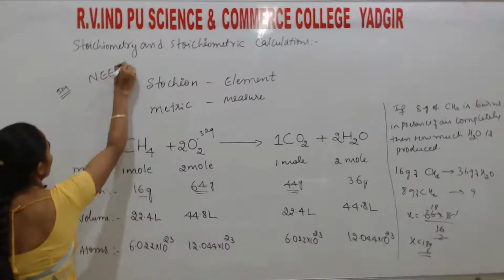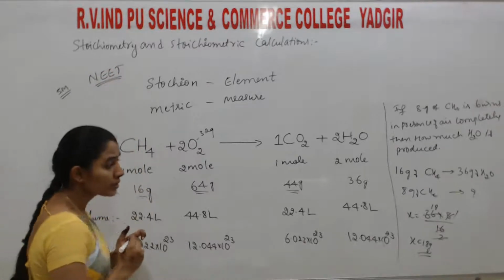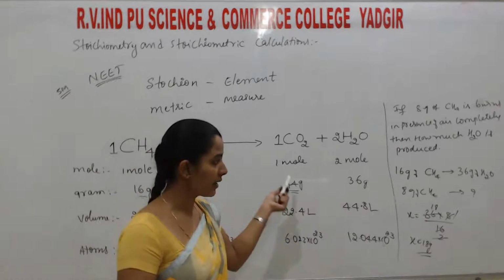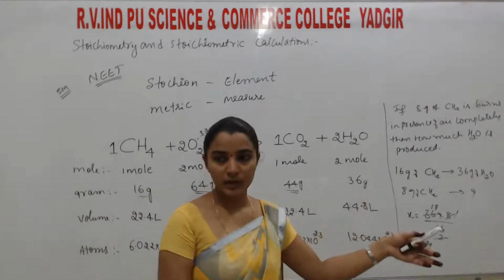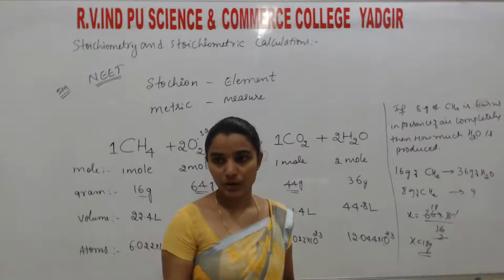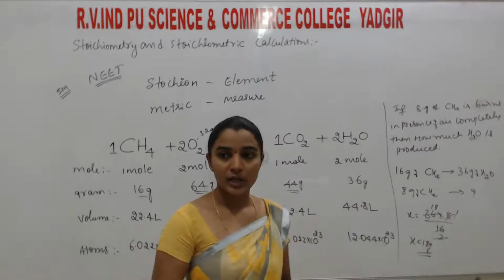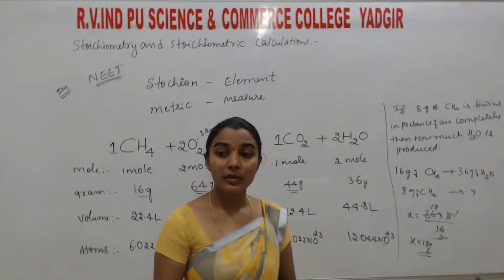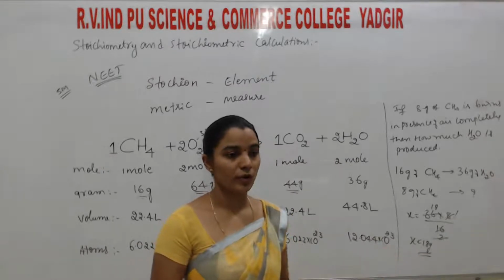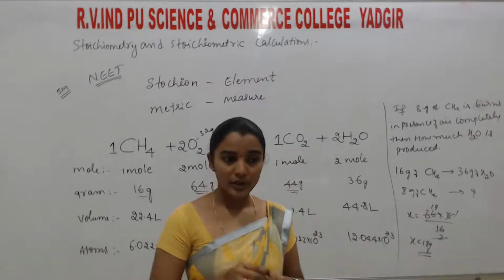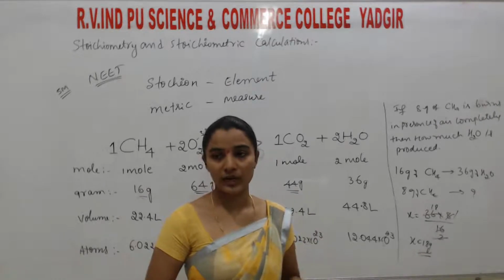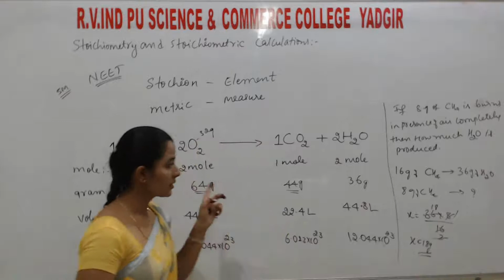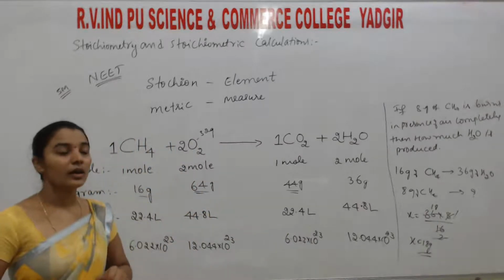As I told you, for NEET they won't ask a direct question. They'll ask like this: if this much of A reacts with B, what is the product produced? How many moles of product are produced? If A is this much, what amount of B do we require to produce that much product? If you check the NEET questions, then you will understand how the questions arise. So this is all about the stoichiometric ratio.